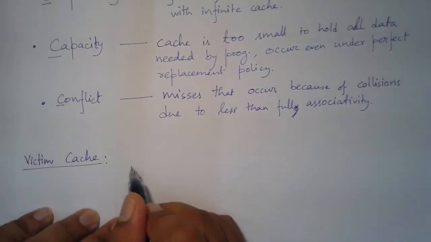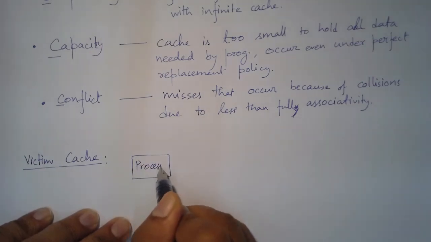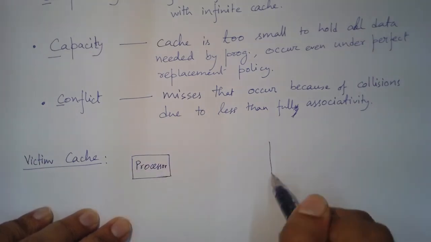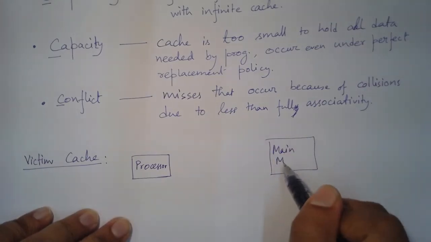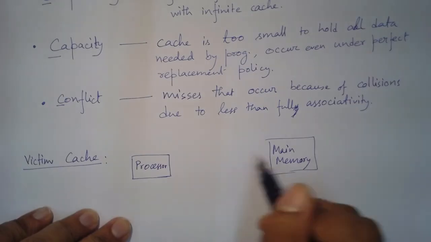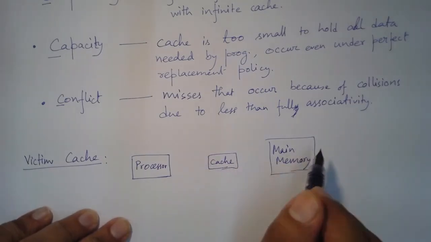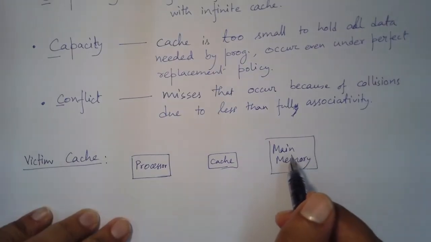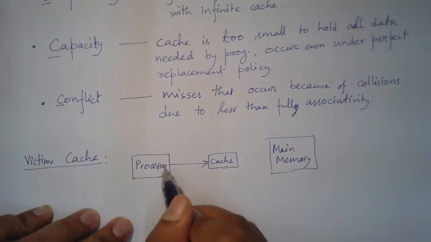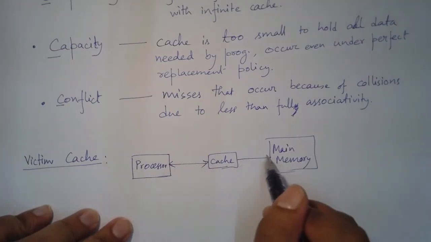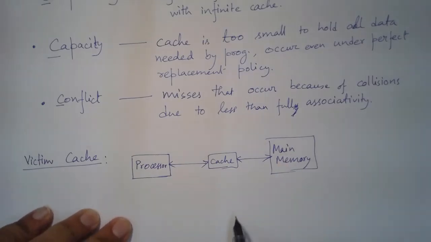So, you have your processor, then main memory, and cache. What we have seen is that the processor requests and gets the data, and if the data is not available, the cache requests the main memory, and so on.